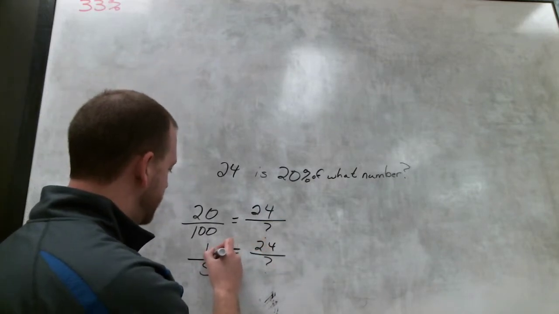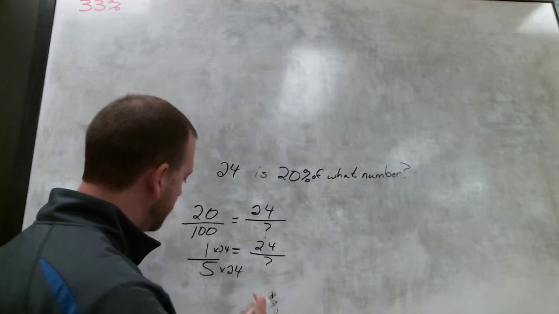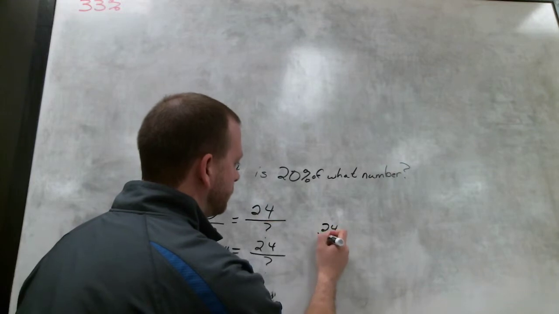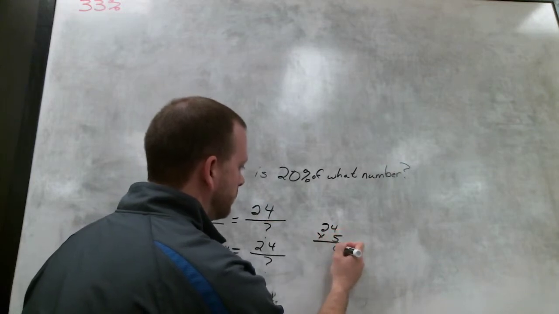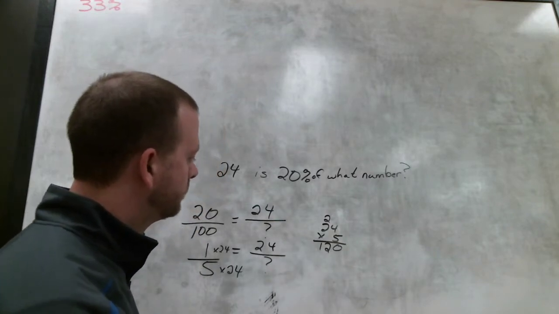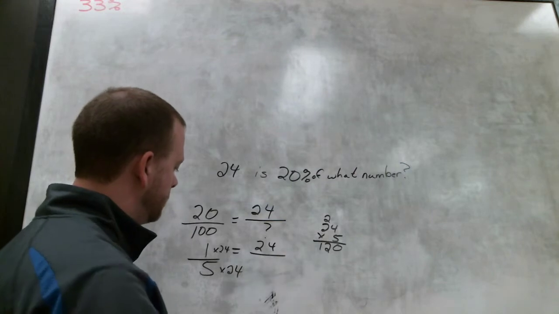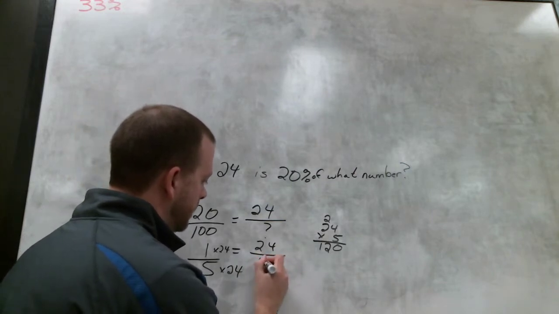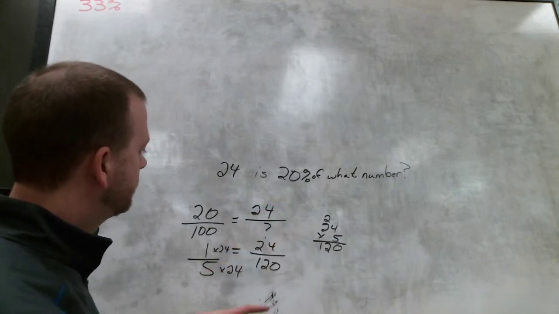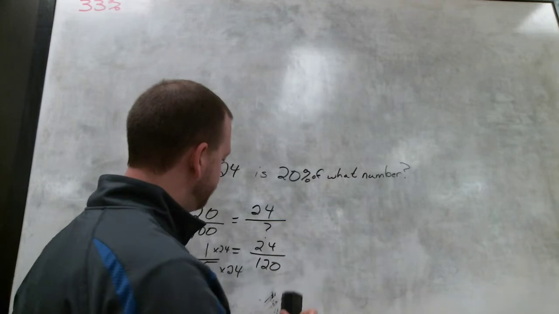Well, of course, times 24. Multiply this times 24. Okay, so 5 times 24, let's work that out. 120. Okay, so that tells me that 20% of 120 is 24, but I want to check it just to make sure.